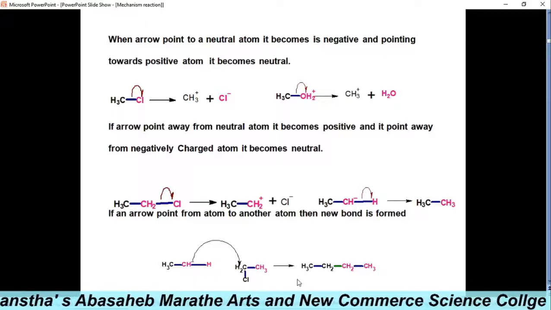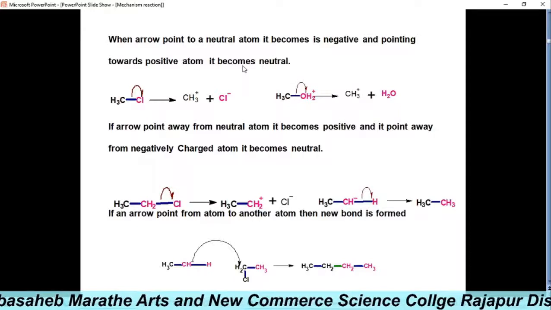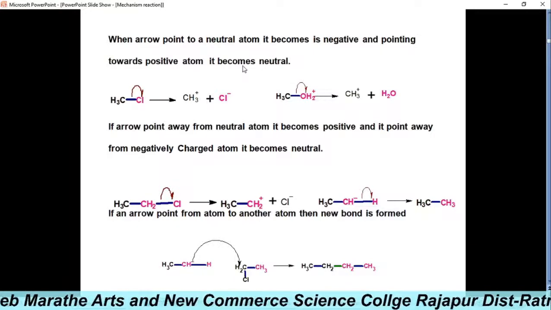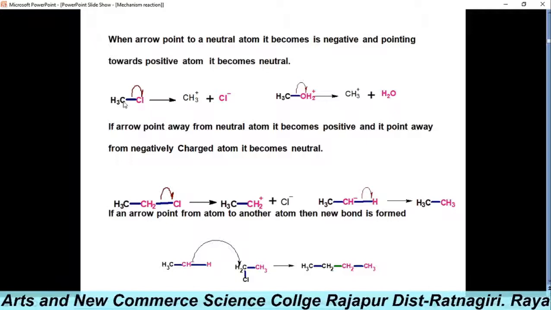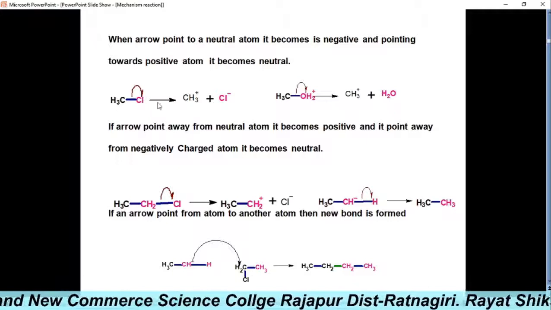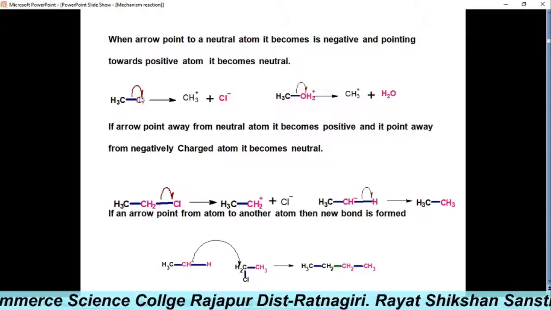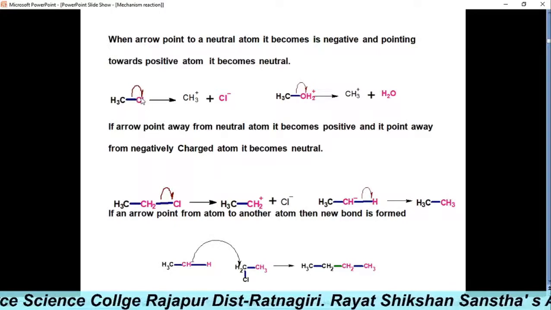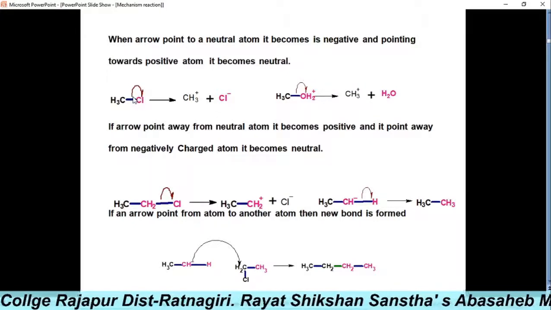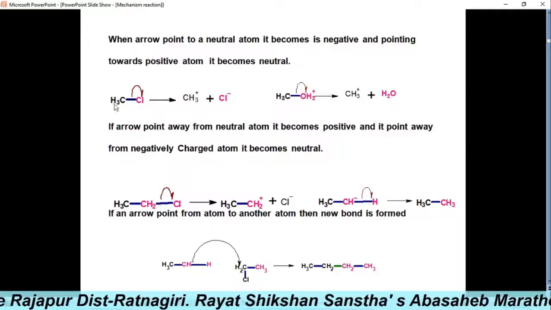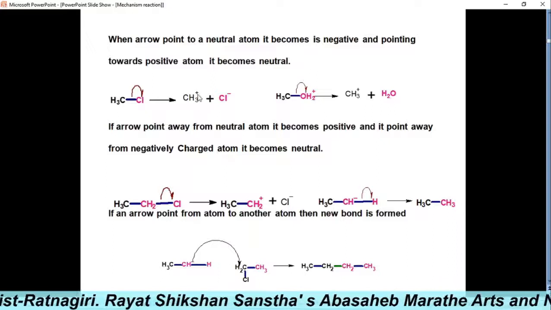If an arrow points to a neutral atom, it becomes negative. We have seen this example. The arrow points to the chlorine, and therefore the chlorine has the negative charge, and away from this carbon, so this carbon has a positive charge.